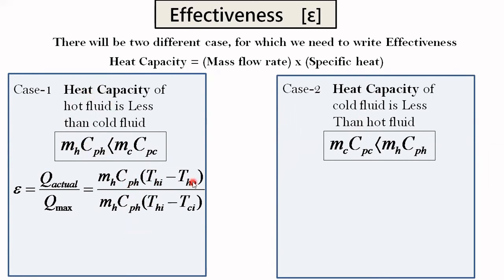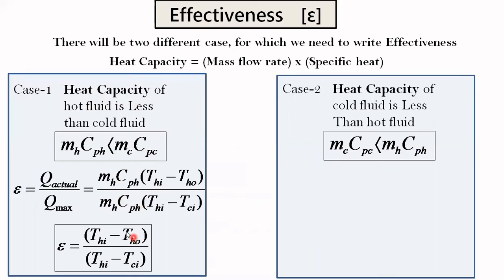So mh Cph into Thi minus Tho. So these two terms get cancelled out. You can write it for the cold fluid also, but then you cannot cancel out these two terms. So always in the numerator write down m Cp delta T for the fluid whose heat capacity is less. So we can cancel out these two terms. So we can get effectiveness in terms of temperature difference. So effectiveness is Thi minus Tho in the numerator, over Thi minus Tci.